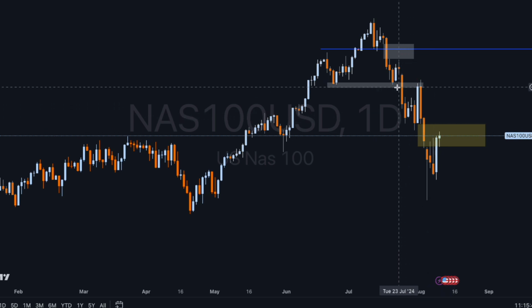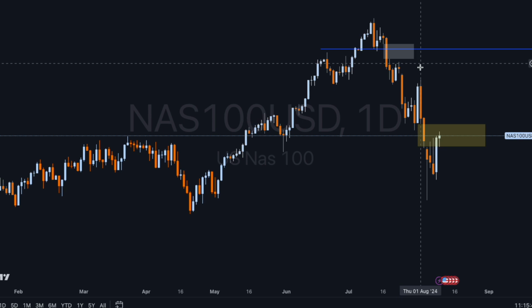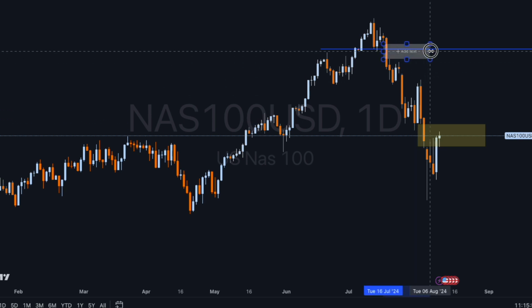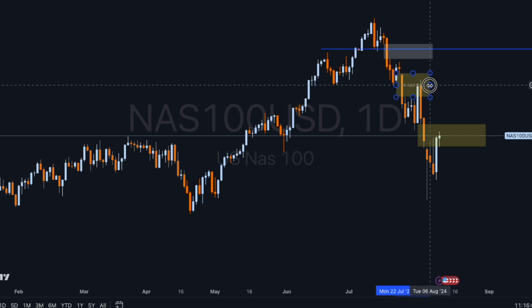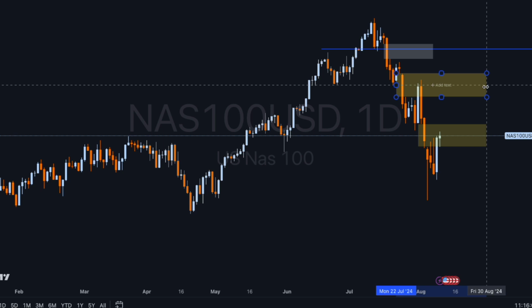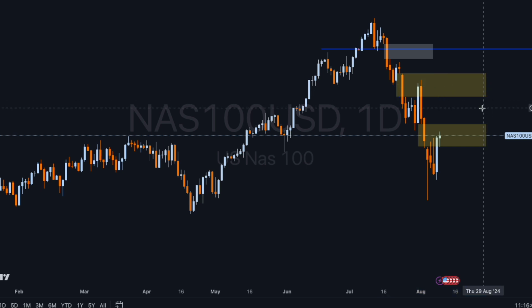So let me get rid of these levels again. Let's get rid of all of these ones, and let's look at the new path that's been created. So we have an FVG up here, and then we have another one down here that's already been tapped. And bearing in mind, we're on a daily chart, so the moves that I'm talking about could take a little while before they even materialize.